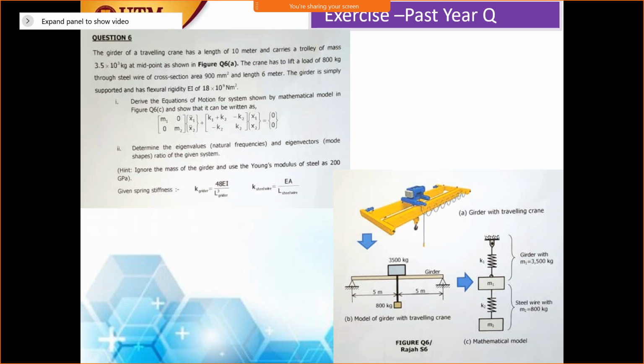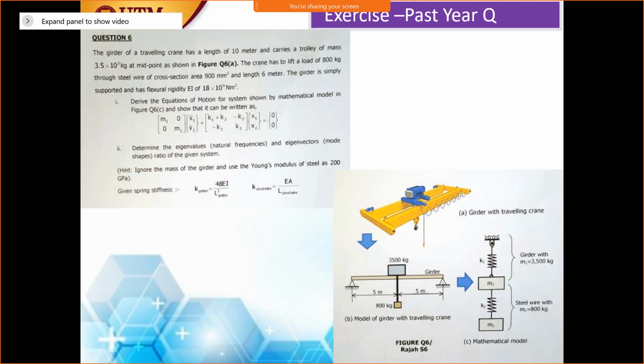Tak nampak? Kejap. Okay, nampak? Nampak eh? Nampak. Okay. At midpoint as shown in figure question 6a, the crane has to lift a load of 800 kilogram through steel wire of cross-section area 900 millimeter square and length 6 meter.